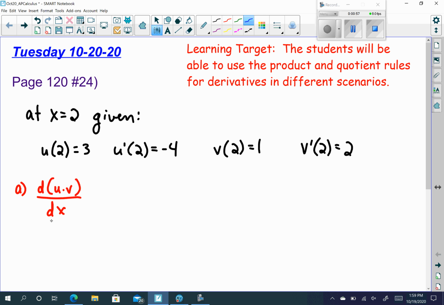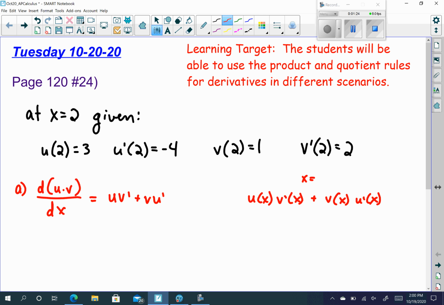So the idea here for A is just to be able to read all of this notation and understand what it means. So part A is asking us to take the derivative of the product of u and v. So we're going to use the product rule here. Again, just in the easiest way possible, I'm going to write that out, which is uv prime plus vu prime. Now keep in mind this is really saying u of x times v prime of x plus v of x times u prime of x.